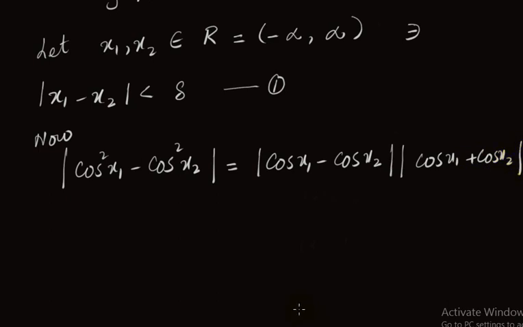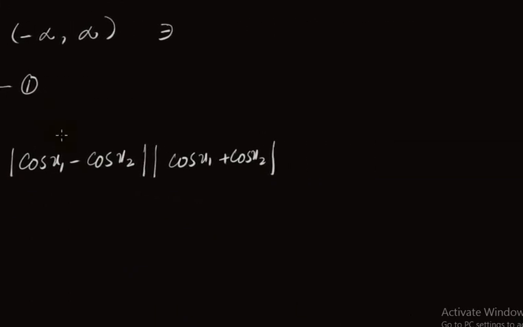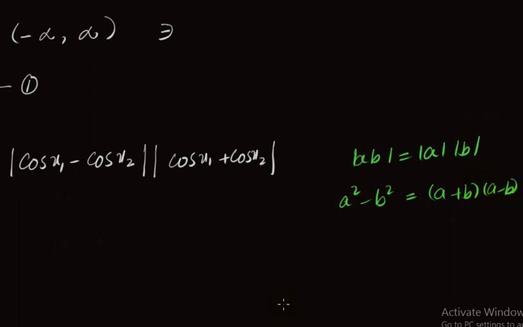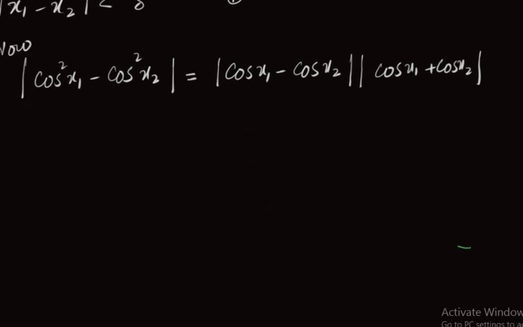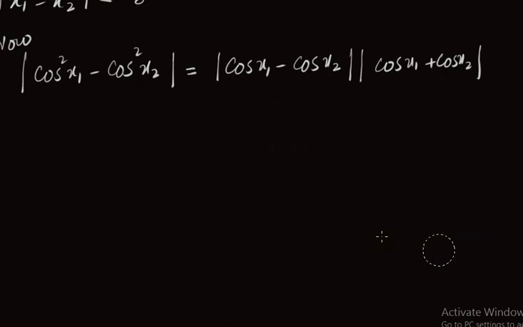We use the relation that mod of AB is equal to mod of A into mod of B, and secondly we use the formula a square minus b square is equal to a plus b into a minus b. Now students, we simplify this right hand side and try to establish a relation between delta and epsilon.